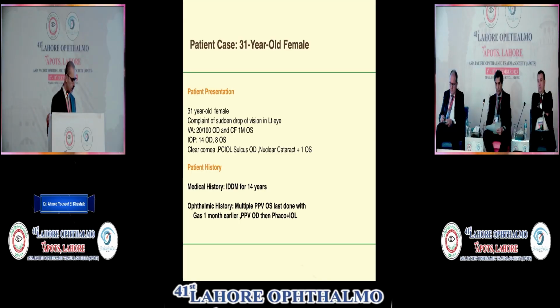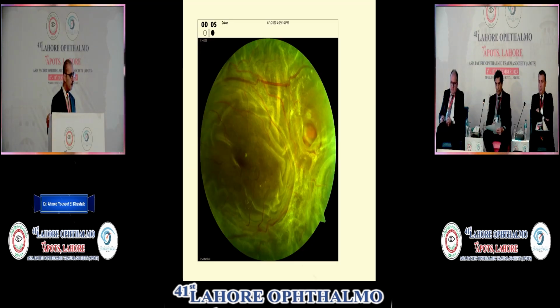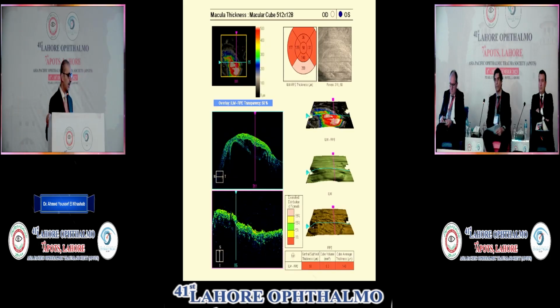This is another patient with counting fingers at 1 meter. She had multiple surgeries before for diabetic traction retinal detachment, and a colleague of mine transferred the patient to me. This was the image at presentation, and this is the OCT. I cannot see that there was a macular hole.